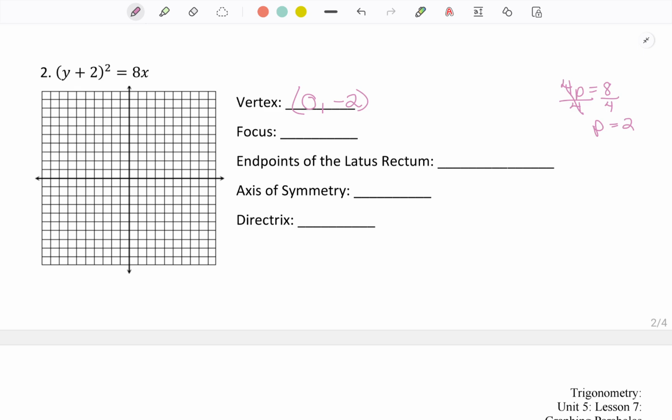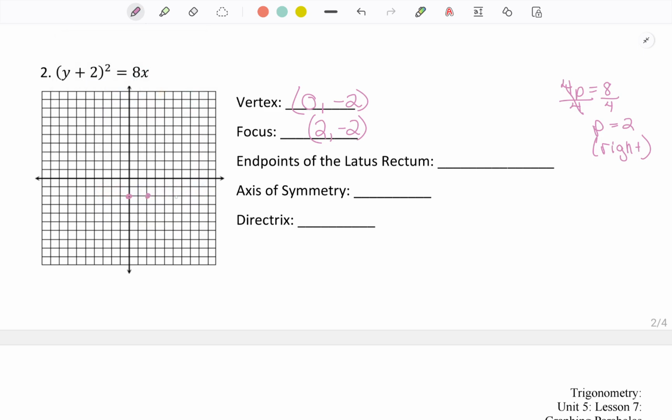And so we will go from 0, -2. And we do open to the right. And so we're going to go 2 in front of that with our p to get our focus. And so our focus is going to be 2, -2.